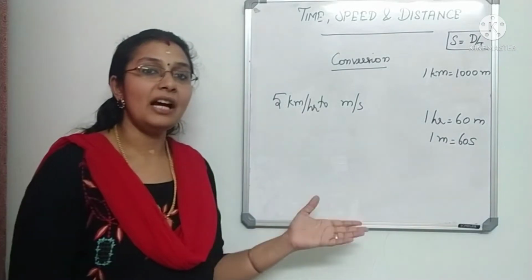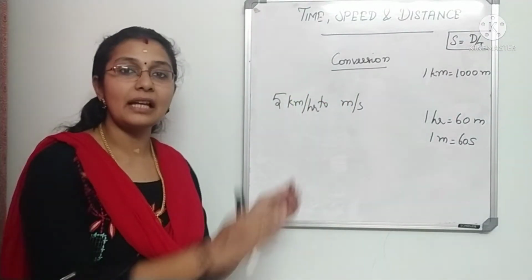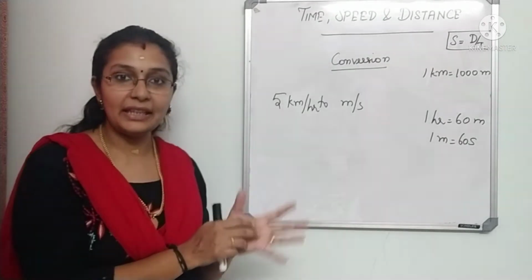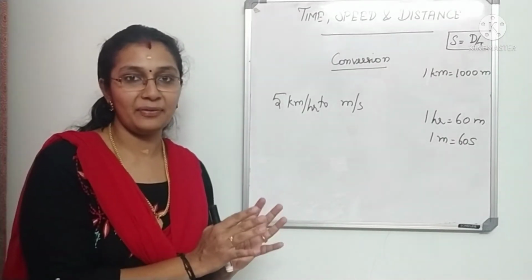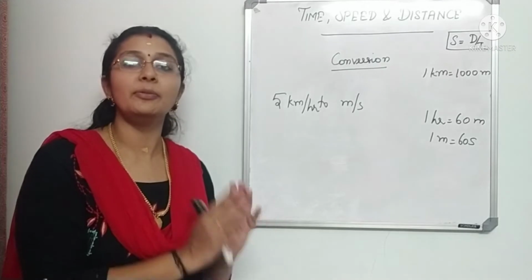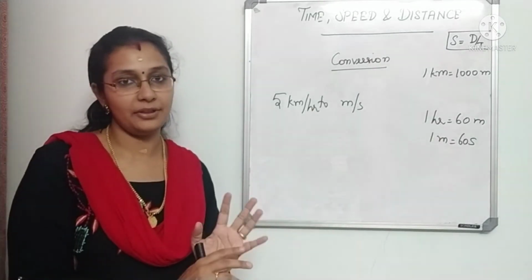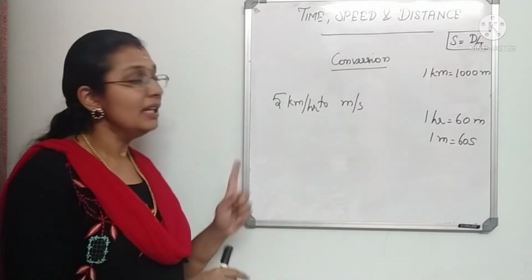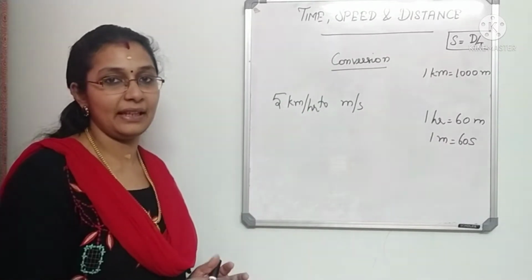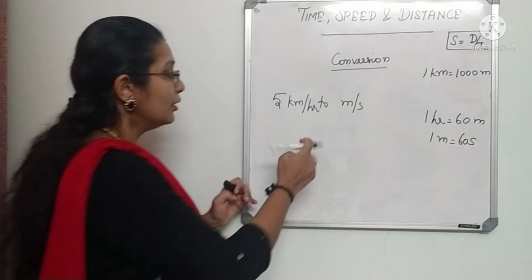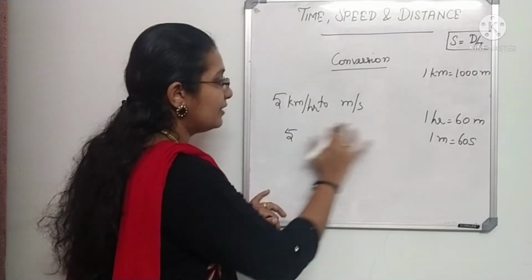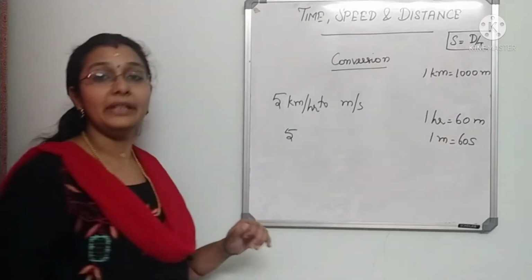Now we'll understand conversion, that is converting from one unit to another. This is very important, so listen very carefully because our questions will mostly be related to these kinds of conversions. Say 5 kilometer per hour, I have to convert to meter per second. That is my duty. So 5 you will keep as such, and first convert kilometer per hour to meter per second.